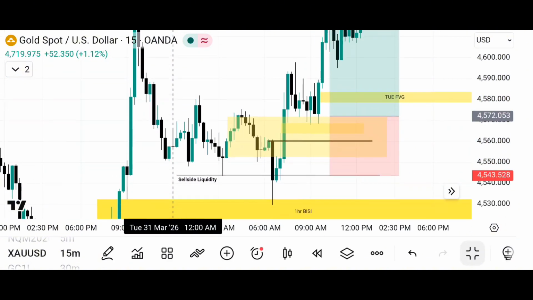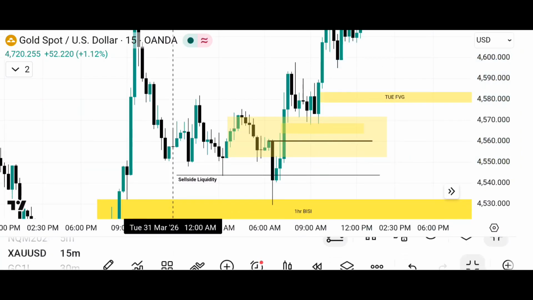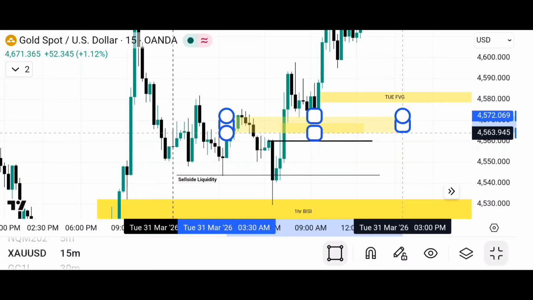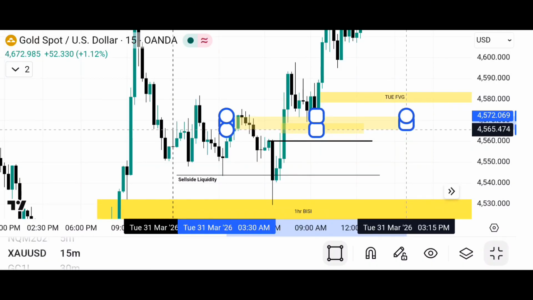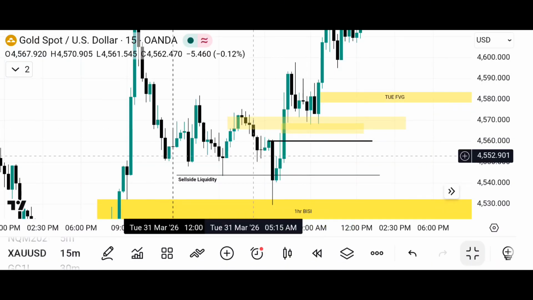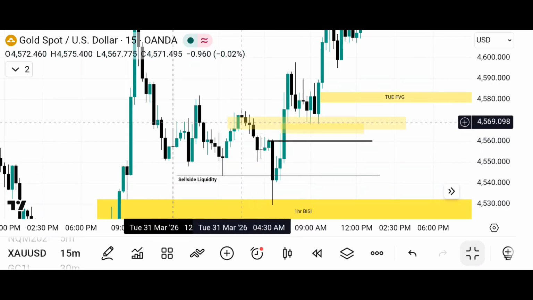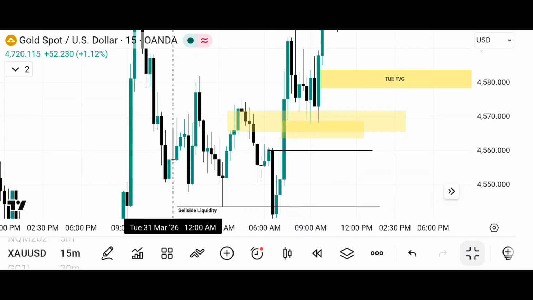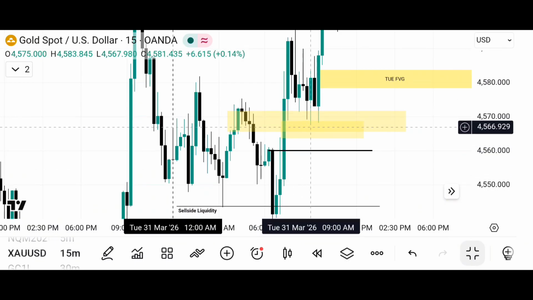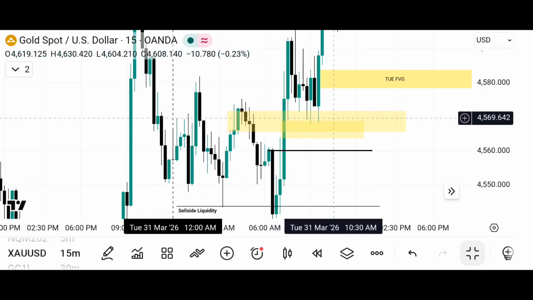Here's a good way to trade the breaker. Also, like I said, your breaker is also this last up close candle before the series of down close candles dropped price to take out sell side liquidity. You see price trading down into this particular one.